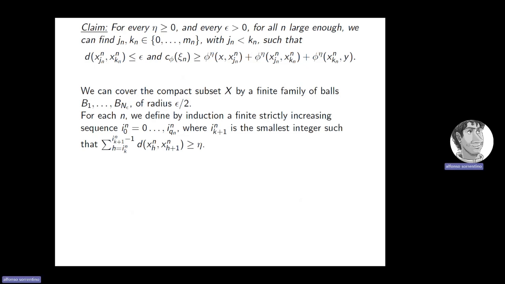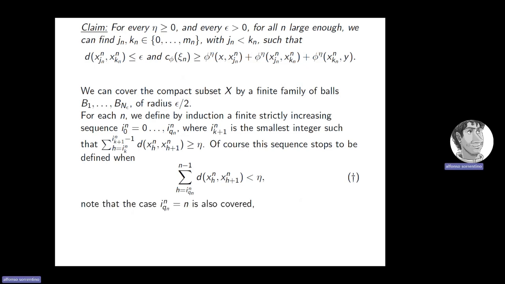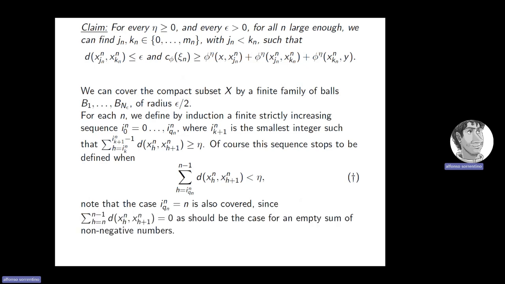So when does this stop? It stops at the n such that the sum from i_k^n to n minus 1 of the distances of two consecutive points is strictly less than eta. Of course, this also covers the case where the last one would be n, because an empty sum of non-negative numbers you have to take as 0. It is satisfied even by this case, so you don't have to worry about the exception.